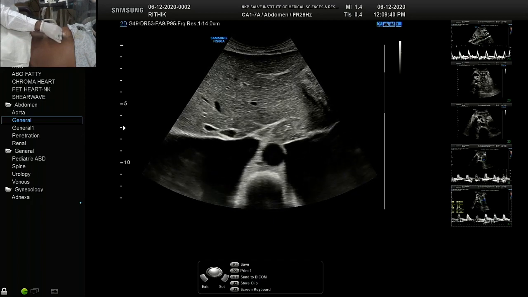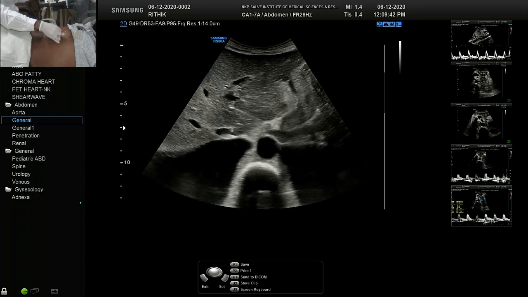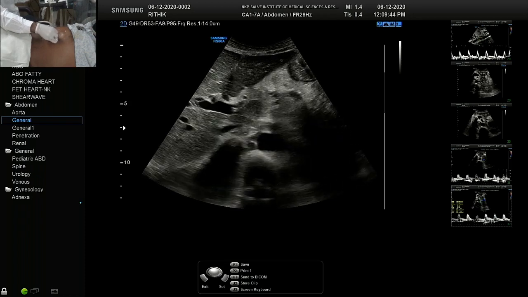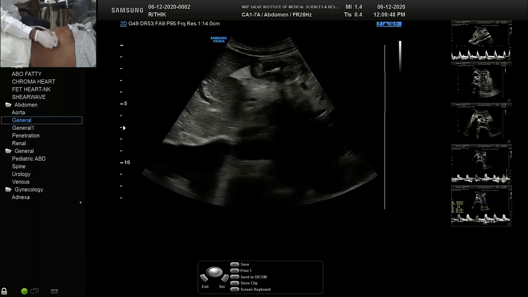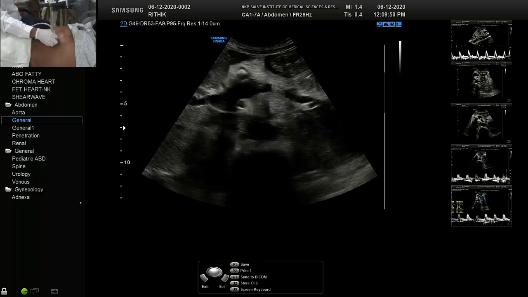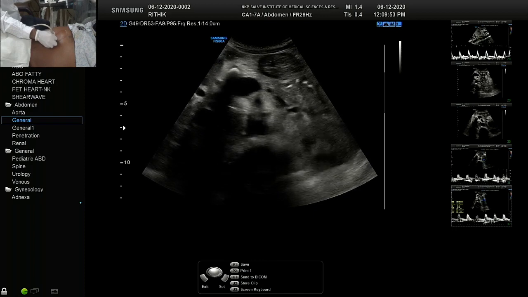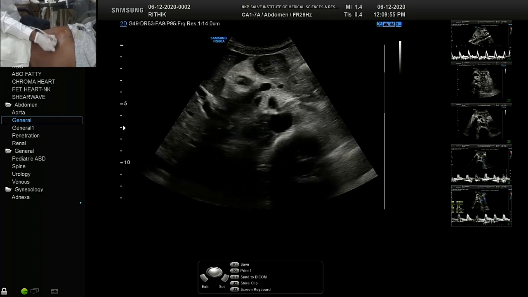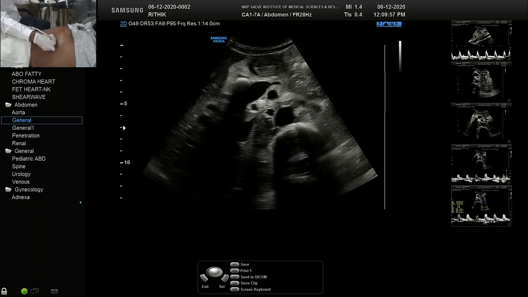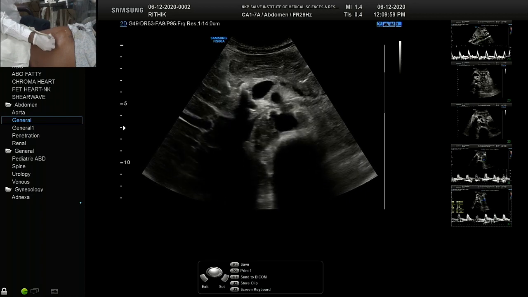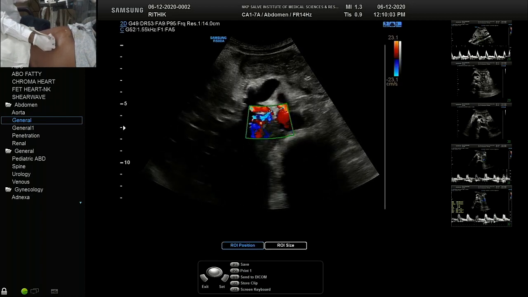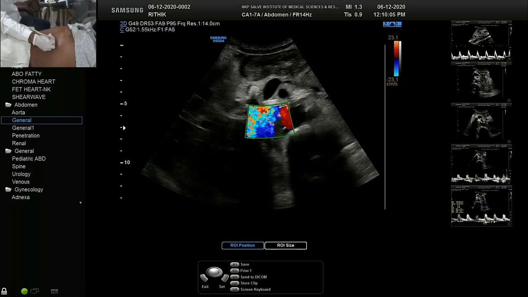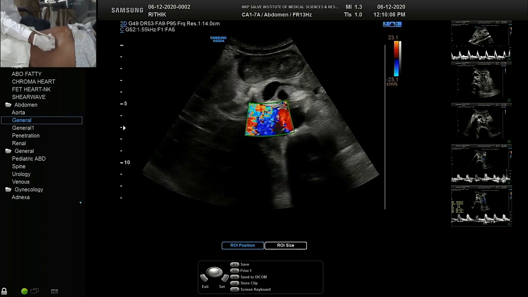Again transverse. We come down, that is the celiac trunk, SMA. That was left. We'll try to see the right renal artery. There are multiple vessels there.